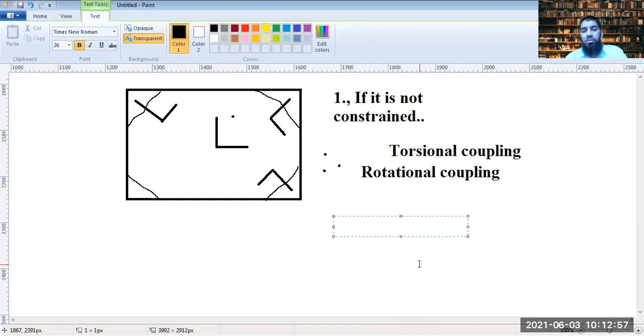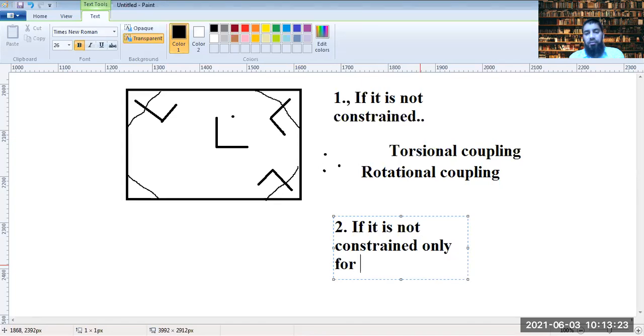If it's not constrained, then comes the second case. Now, this was not constrained for what? Both rotation as well as the uplifting. Now, there could be a case if it is not constrained only for rotations.